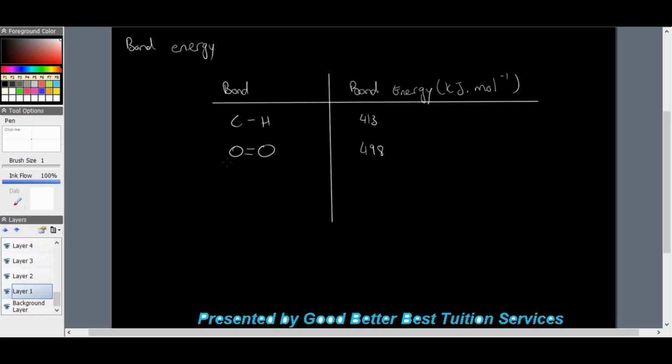Then we have a double bond carbon to oxygen bond. That's also quite high, it's higher than either, at 803 kilojoules per mole. The last one is a hydroxide bond, which is just oxygen bonded to hydrogen, and that is in around the same region as the first two, about 464 kilojoules per mole.